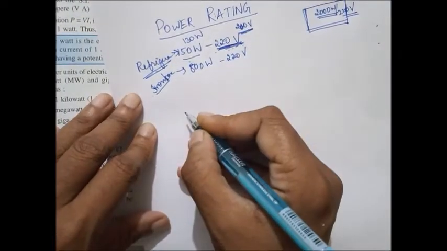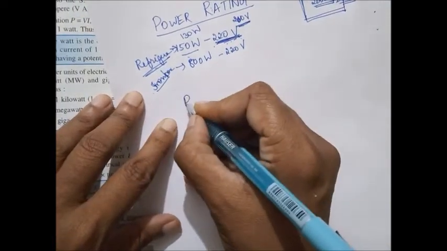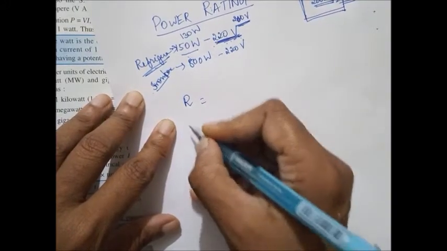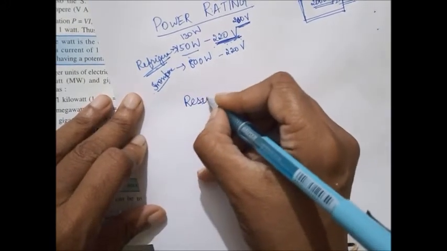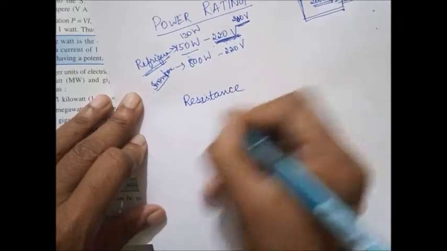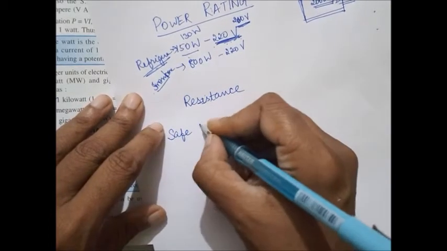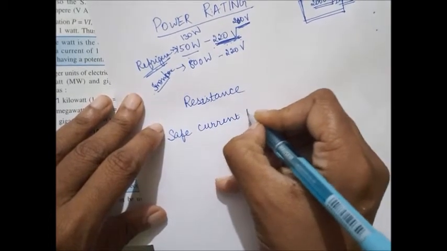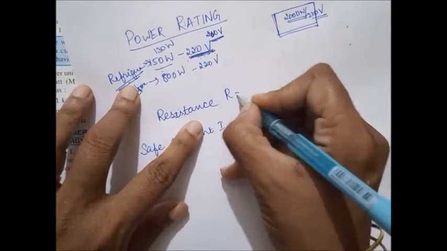Now, from the power rating, you can calculate two things. One is the resistance of the appliance, and then you can calculate something called safe current. Now, resistance.